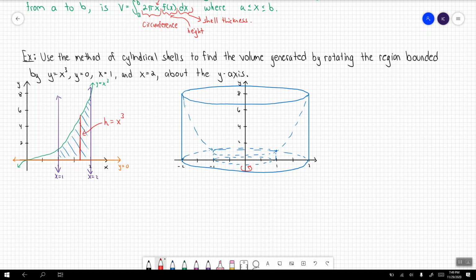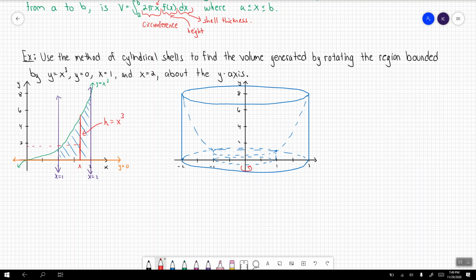This sample point is then located in some interval between 1 and 2. So this is just going to be x. And the reason I need this is because it tells me what my radius is for this given shell. So let's go ahead and draw that in here.